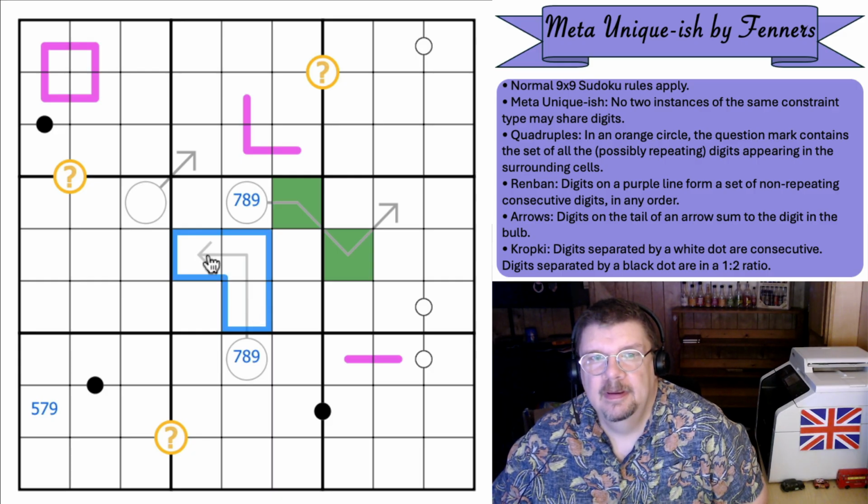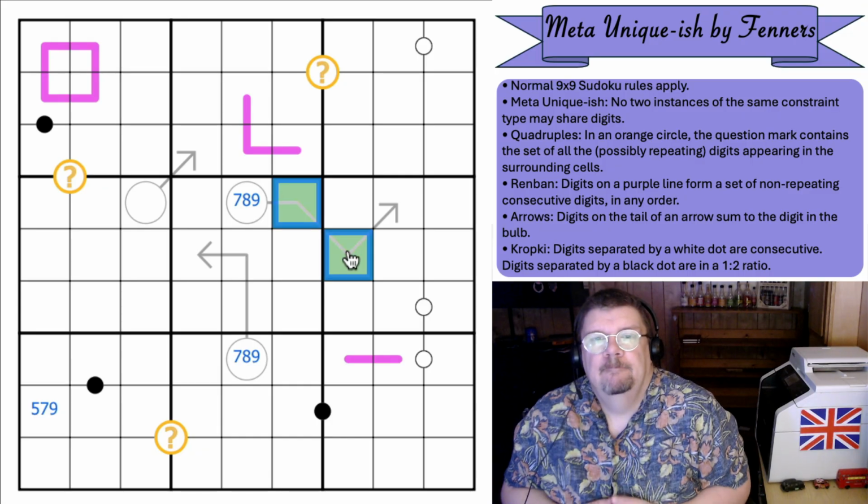At least. In fact, I can't have 3 low digits, 1, 2, and 3, because then that would be 6, but we can't do 6 on there. So I do have 2 low digits here. So it could be 1, 2, 6, or 1, 2, 5, or 1, 2, 4. All right.